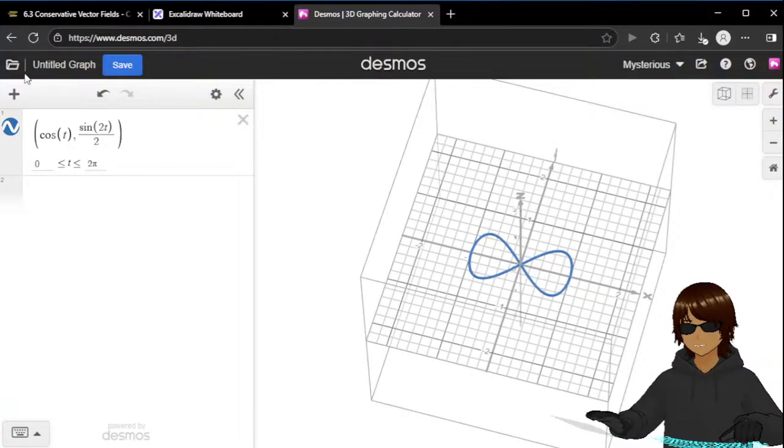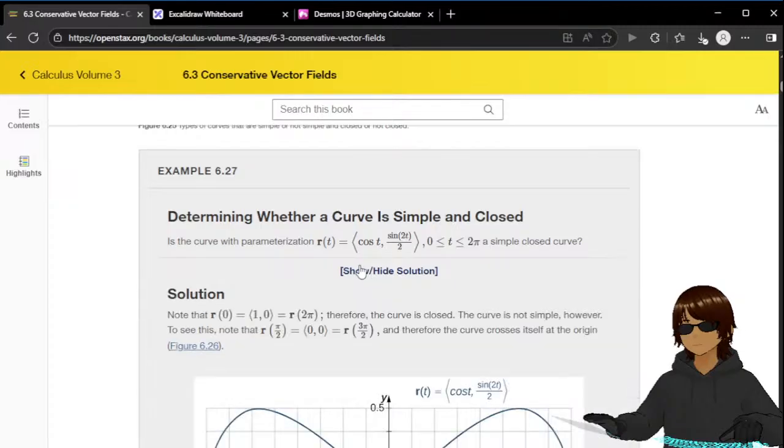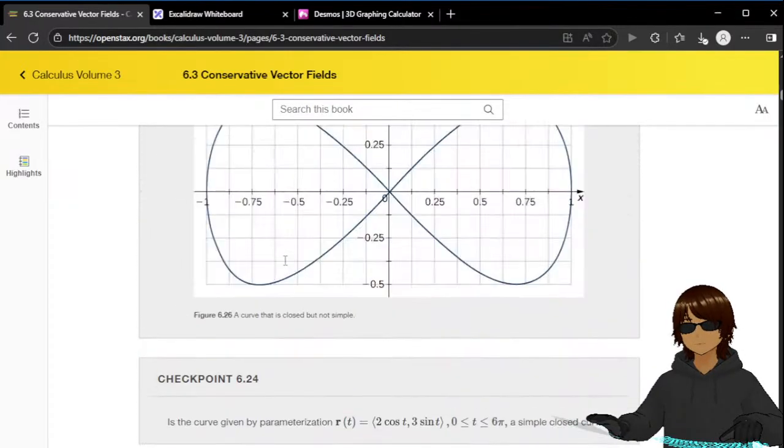I get this. So it's not simple because there is an intersection, but it is closed. Closed but not simple.